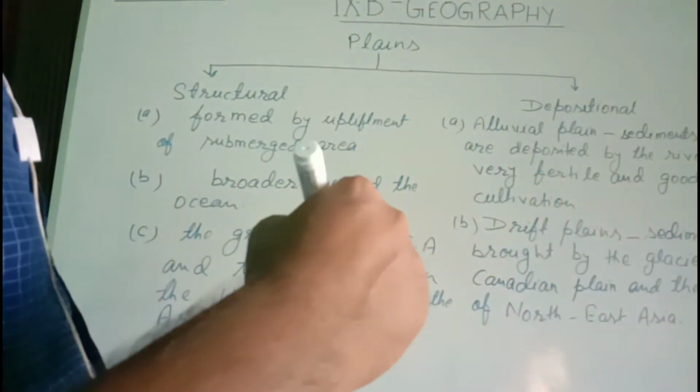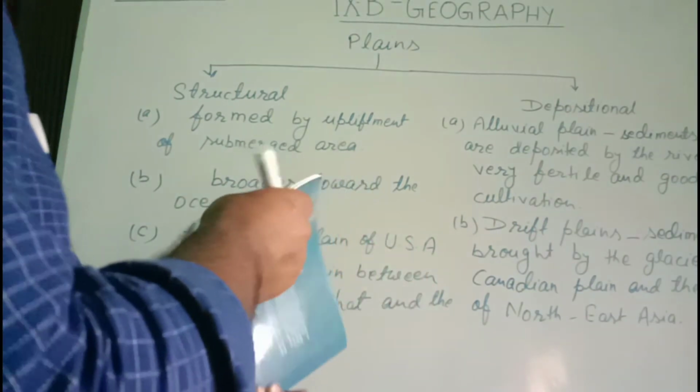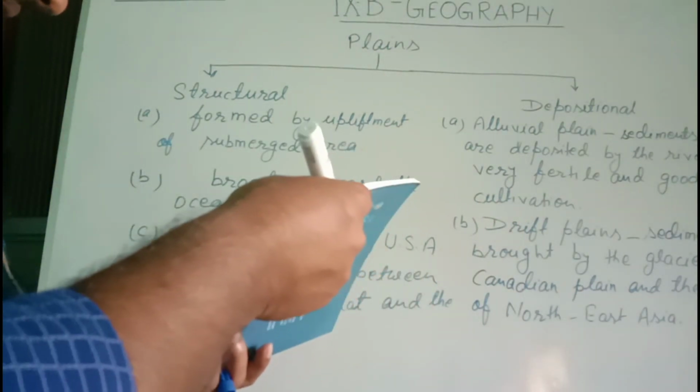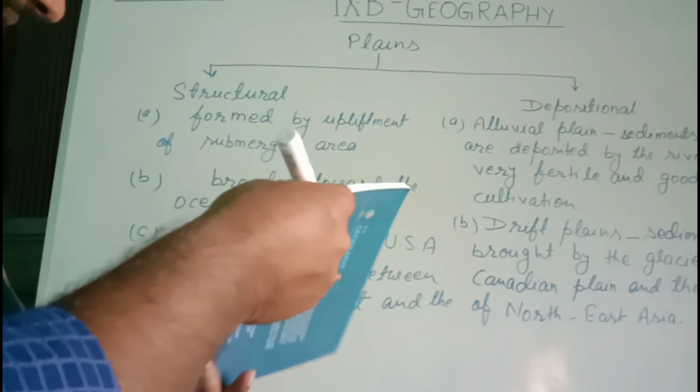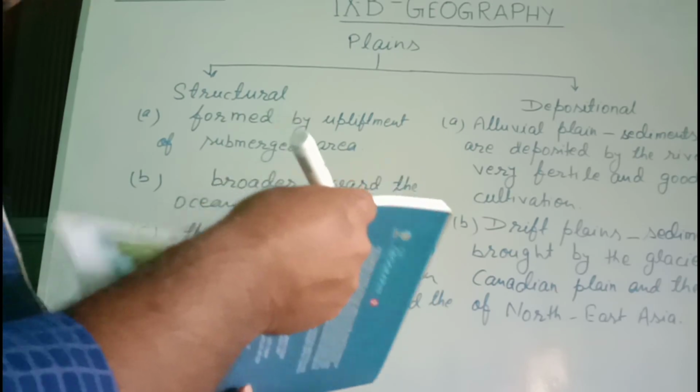And in alluvial plain, I have forgot to write the example. That is the Gangetic plain and Wango plain.